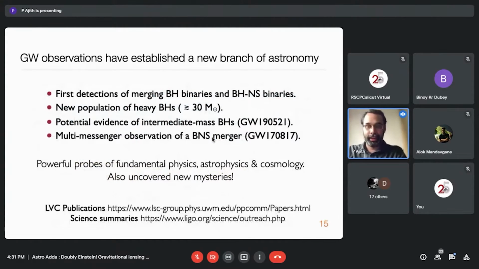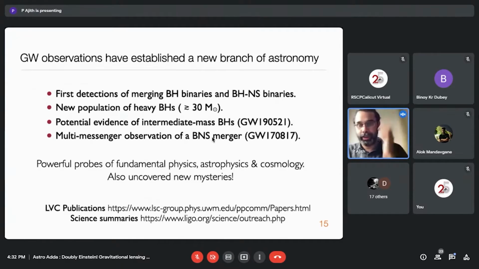And this is indeed a new branch of astronomy which has produced really remarkable science in the last 5 years. It's very hard to summarize this in one talk, so I'll maybe list a few very important points. For example, these observations provided the first detections of merging black hole binaries and binaries of black holes and neutron stars.